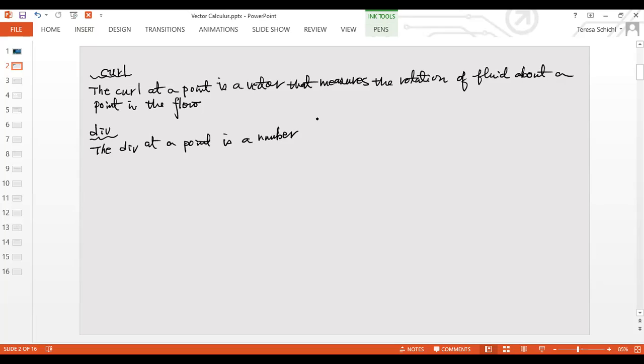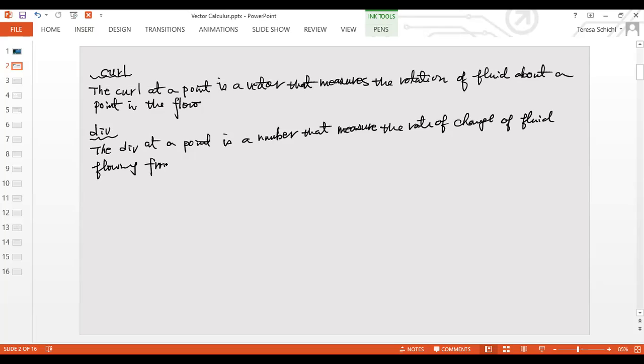It measures the rate of change of the fluid flowing from the point.